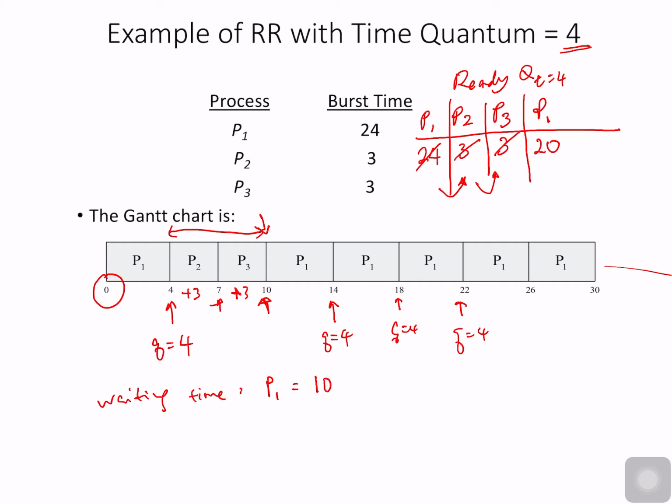It's 10 minus 4, because it has been in execution for 4 burst time earlier. So its waiting time is actually 6. P2 waits only 4, and P3 is 7. So this is the waiting time.